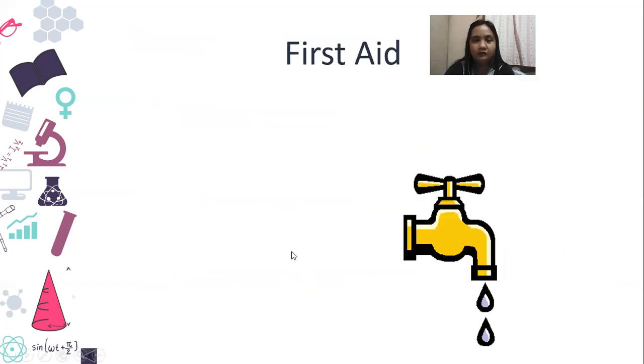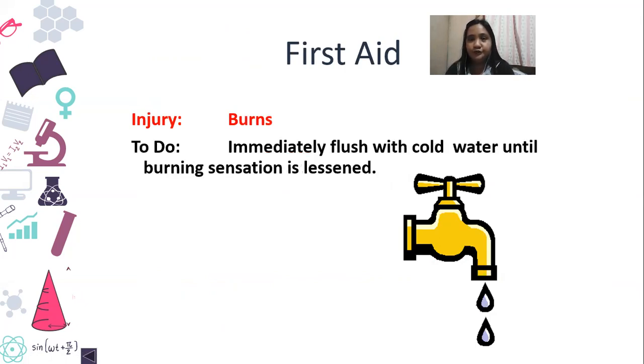For first aid, I placed three slides here. These are common, simple, small accidents that could happen inside the laboratory. First is burns. What is the first aid? You just immediately flush with cold water until the burning sensation is lessened, and always after that, we will bring you to the clinic.